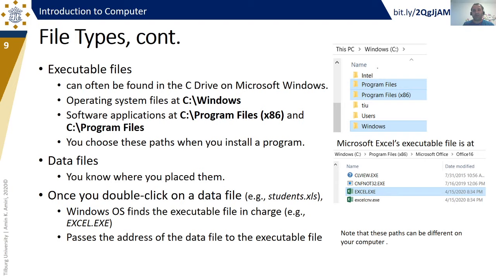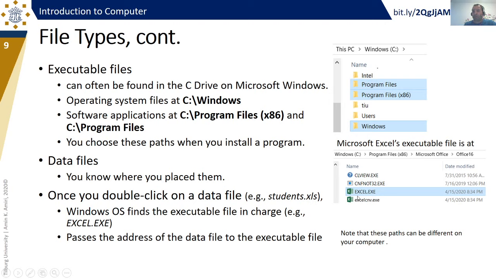Data files, I don't know where they are. You yourself as users know where you place them. But the thing is that when you click on a data file, like assume we have a students.xls, a list of your names and email addresses and so on, Windows finds the executable file in charge of the XLS extension.